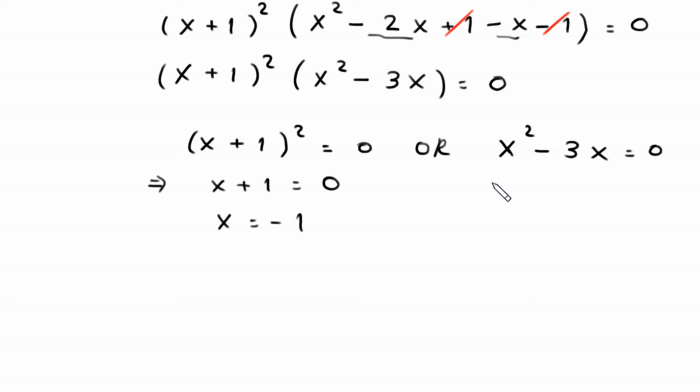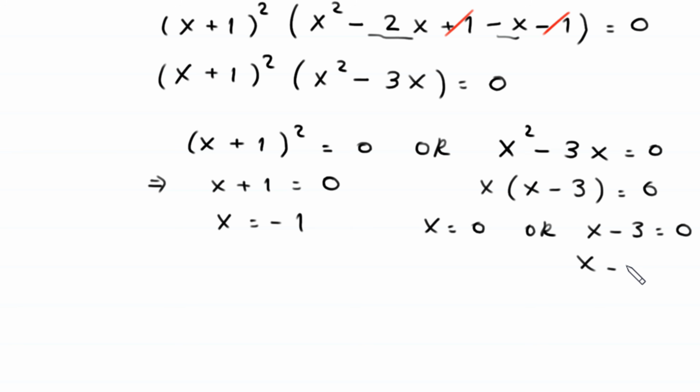From this equation we can factor out x, in bracket left x minus 3 equal to 0. Either this expression x is equal to 0, or this expression x minus 3 equal to 0. And we move this negative 3 to the right hand side, this will become x is equal to 3. So we have three values for x: negative 1, 0 and 3.